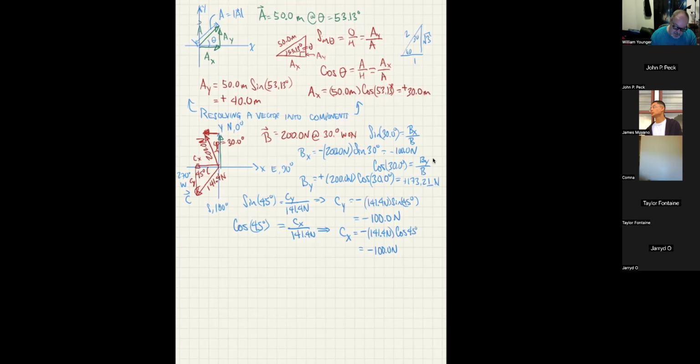Okay. And now I could draw, let's say, one more vector. Let's make this one vector D. And it is, in fact, equal to 300.0 newtons at negative 15.0 degrees. Okay. So in this case, what I see is I have a positive X component, but I definitely have a negative Y component.